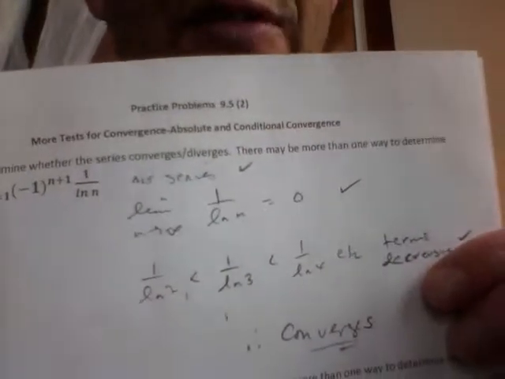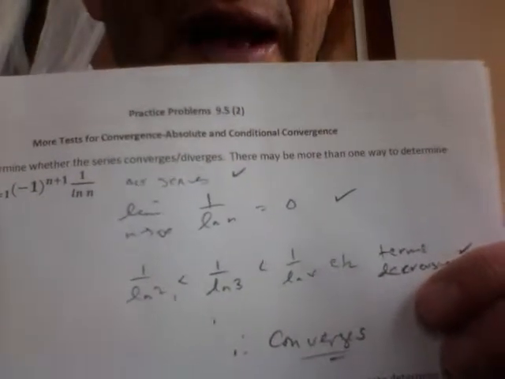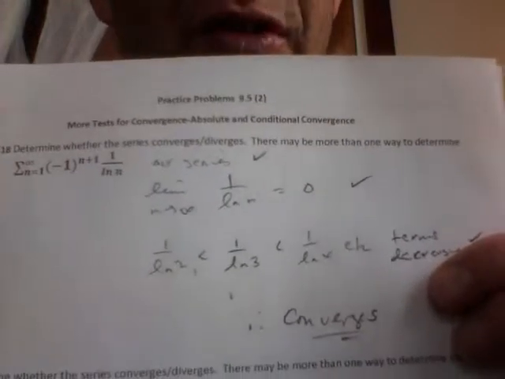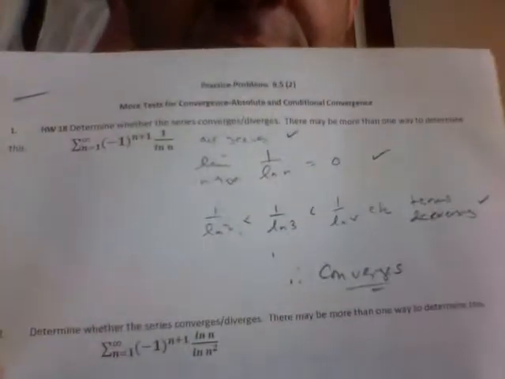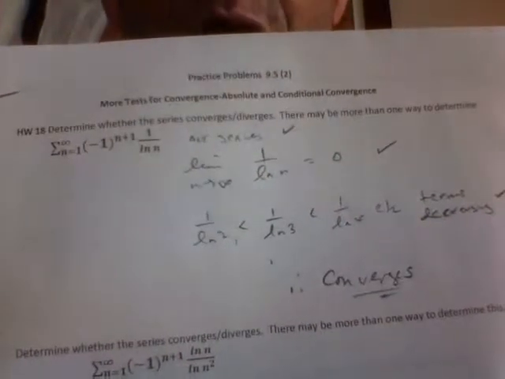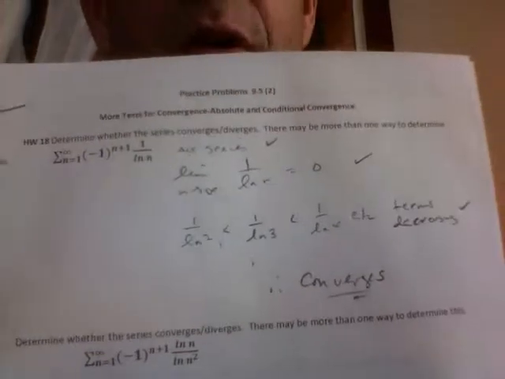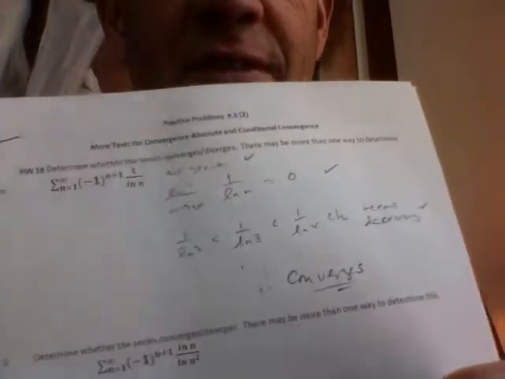And then for the decreasing terms, something like what I just showed you here. 1 over ln of 2 is less than 1 over ln of 3, which is less than 1 over ln of 4, etc. So by the alternating series test for convergence, this series converges.